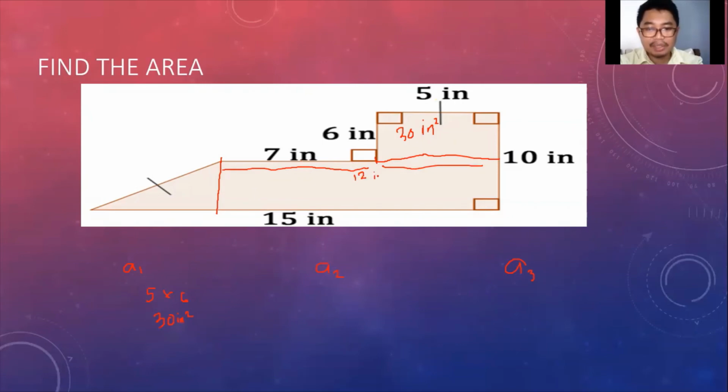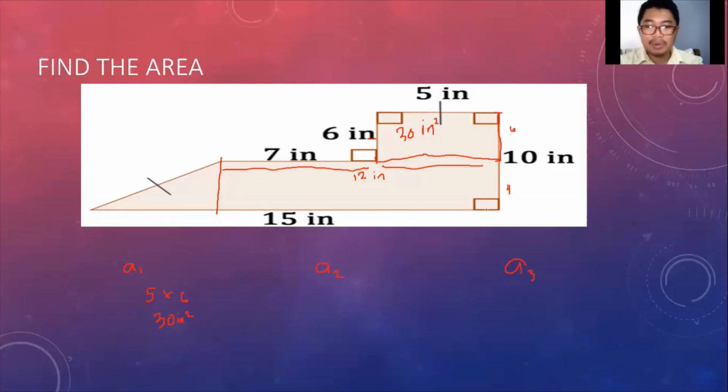This one is 12 inches. And how about the height? If this one is 6 inches, just like this one, what is the remaining inches to make this one 10? If this one is 6, this one is 4, to make this one 10 inches in all.